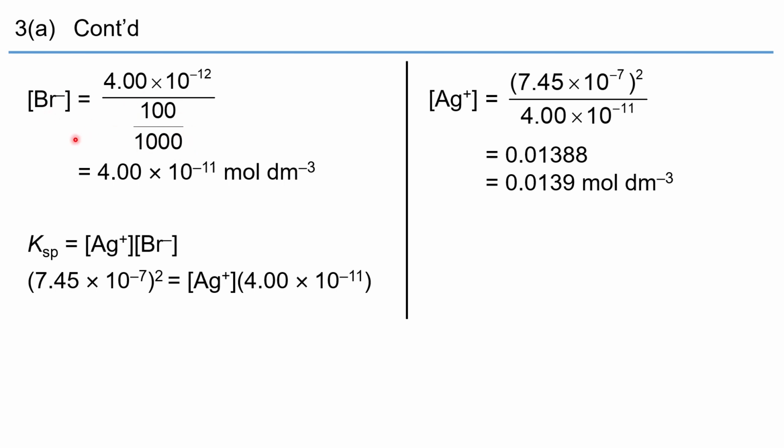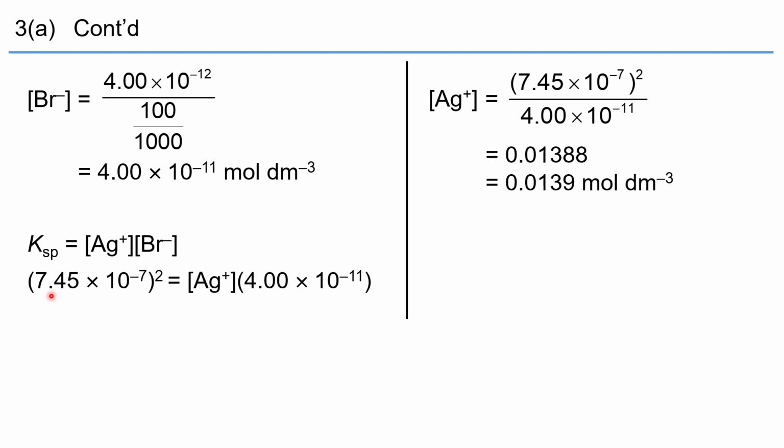So now I realize that in order for my silver bromide to precipitate, the concentration of bromide ions required will be 4 times 10 to the power minus 11 moles per dm³. Now, we want to find the concentration of silver, but before that, we need to use the Ksp. The Ksp expression is the concentration of silver multiplied by the concentration of the bromide ions.